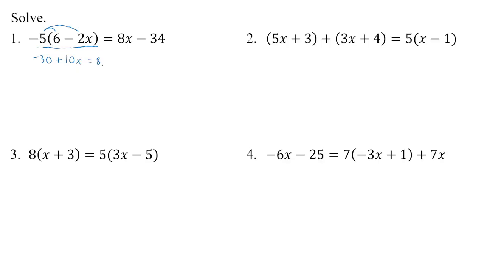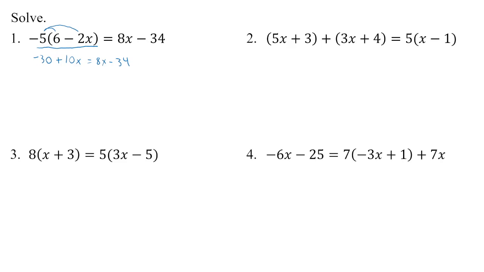Bring down your 8x and your minus 34. So now you are finished simplifying. It is now one of the equations like the ones you saw in part 3.